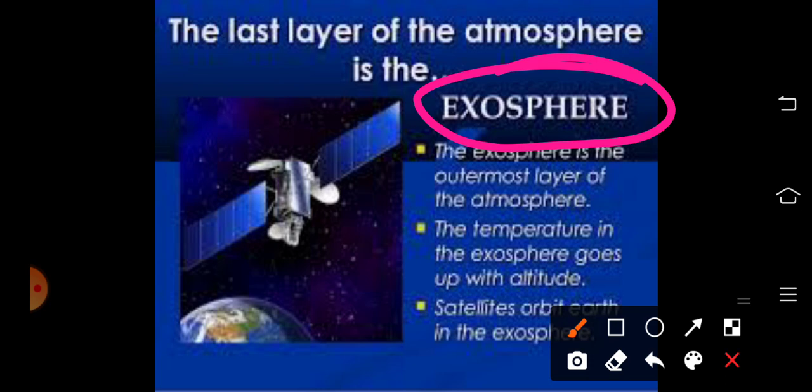Especially light gases like helium and hydrogen are seen in this layer. Another important thing: the artificial satellites sent by different countries from different parts of our world orbit the earth in this layer, the exosphere.